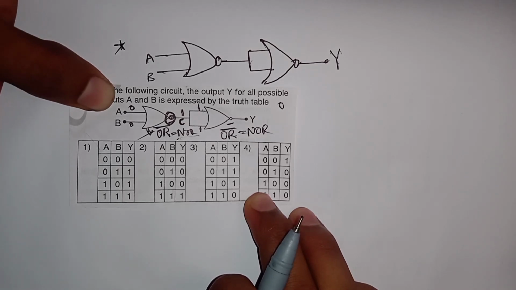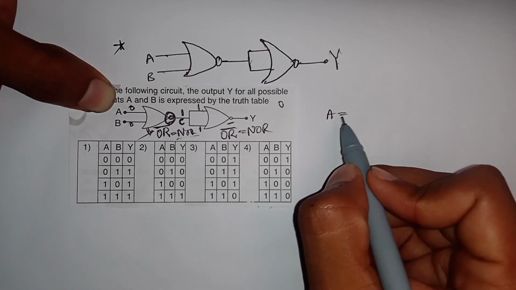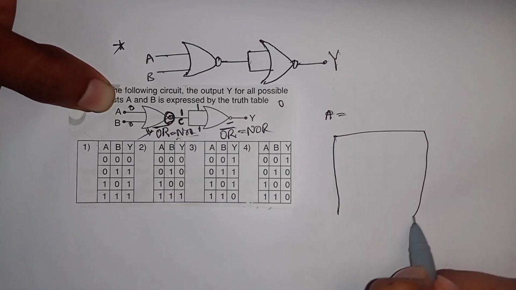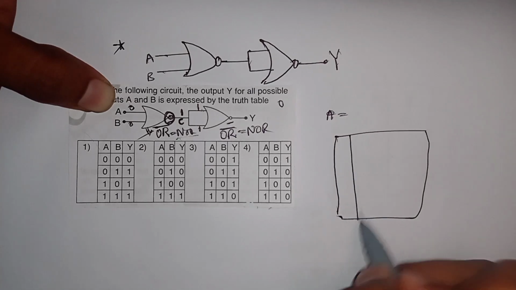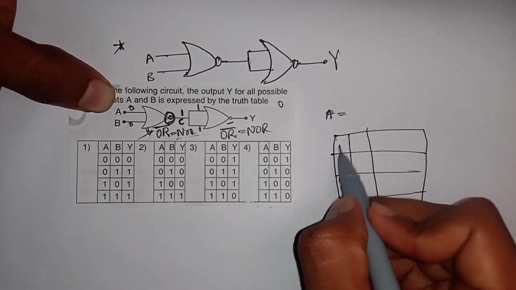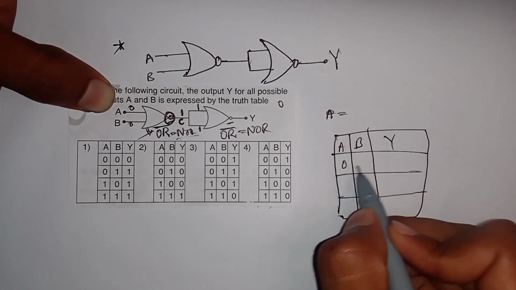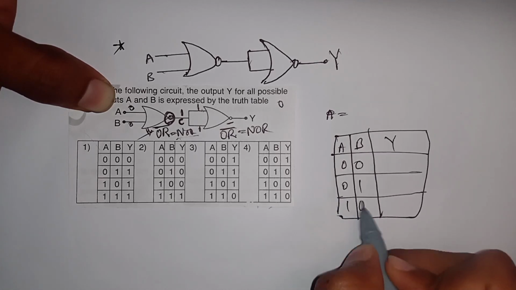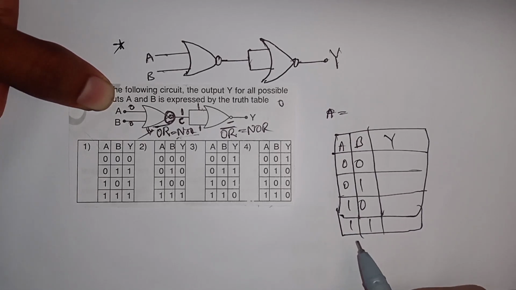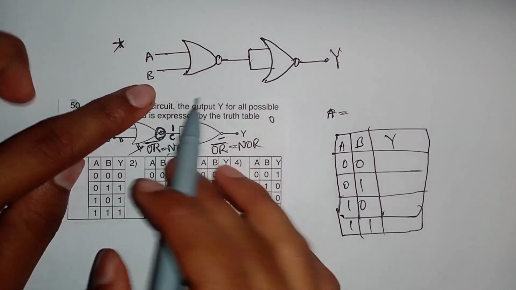Just put the values, once for A, put A and B. First put a truth table: A, B and output will be Y. 0 0, 0 1, 1 0 and 1 1. See, I have made this question here only by writing.